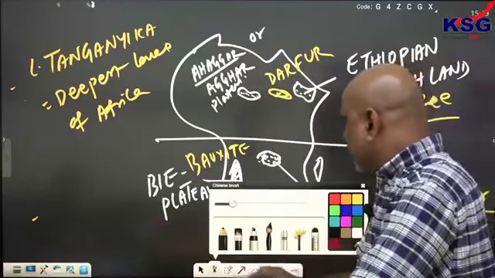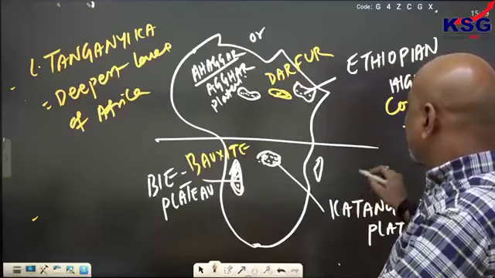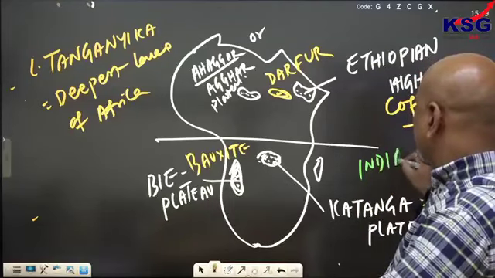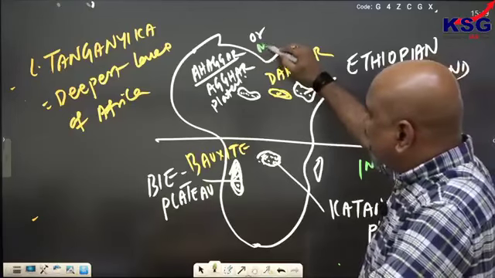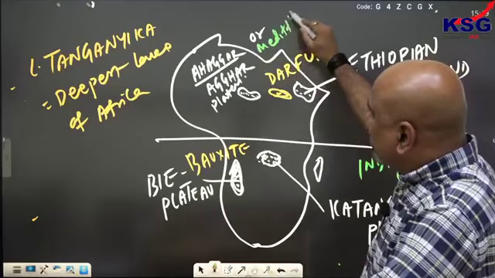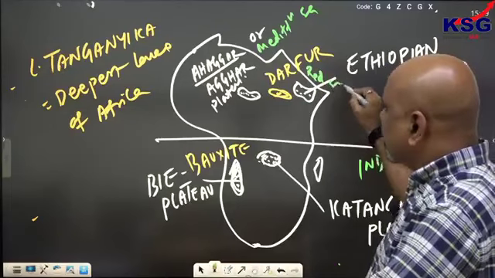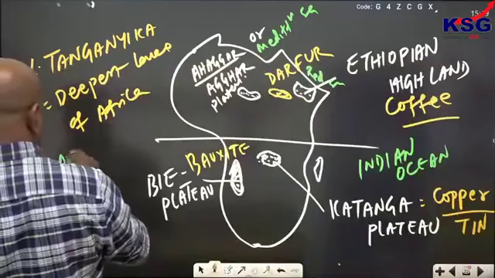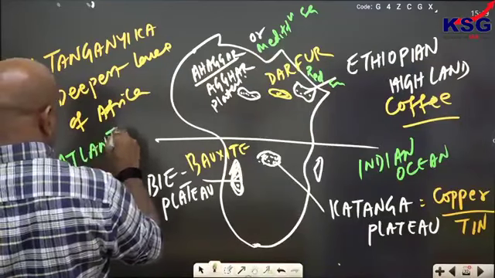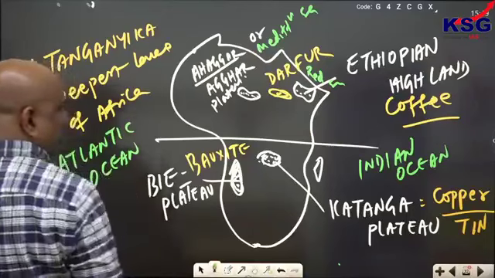Which ocean is this, will you be able to tell? Will you be able to say this thing? This is the Indian Ocean. This is the Indian Ocean, and you know this is the Mediterranean Sea. Already written. Here is the Red Sea. On this side you have the Atlantic Ocean. It is definitely the Atlantic Ocean.